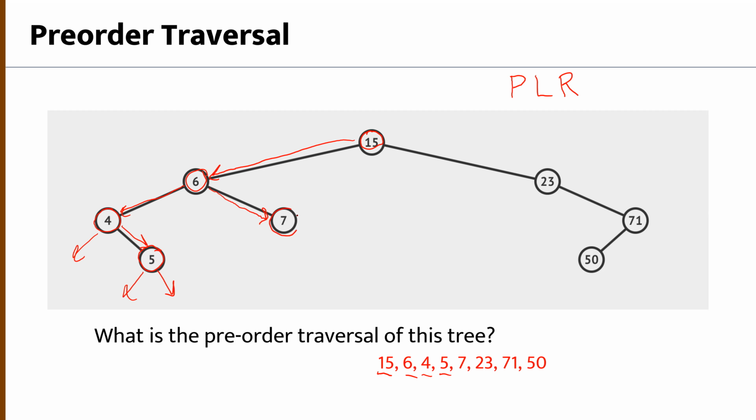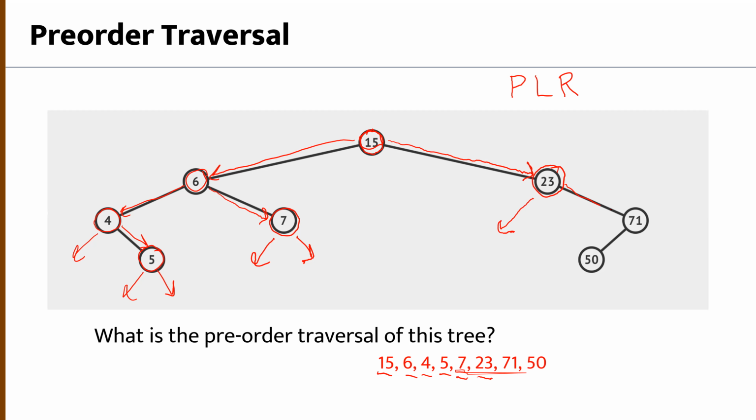And then we'll immediately print this parent right here, 7. And then we'll look at the left and right of 7, there's nothing there, so we'll go back up to 15. For 15, we've already looked at the left subtree, so we will now traverse right. And we will immediately print out this 23. For 23, we'll look at the left, there's nothing there.